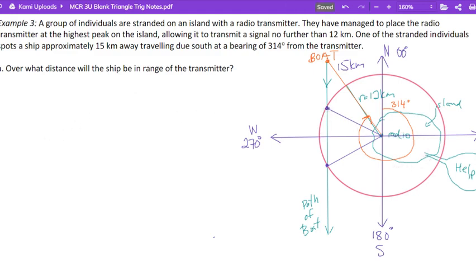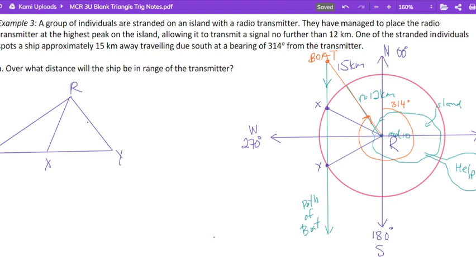Okay, let's redraw this triangle so we can work with it. B for boat, R for radio, and then we'll call this X and Y. I'll label them X and Y on the picture so you can see.